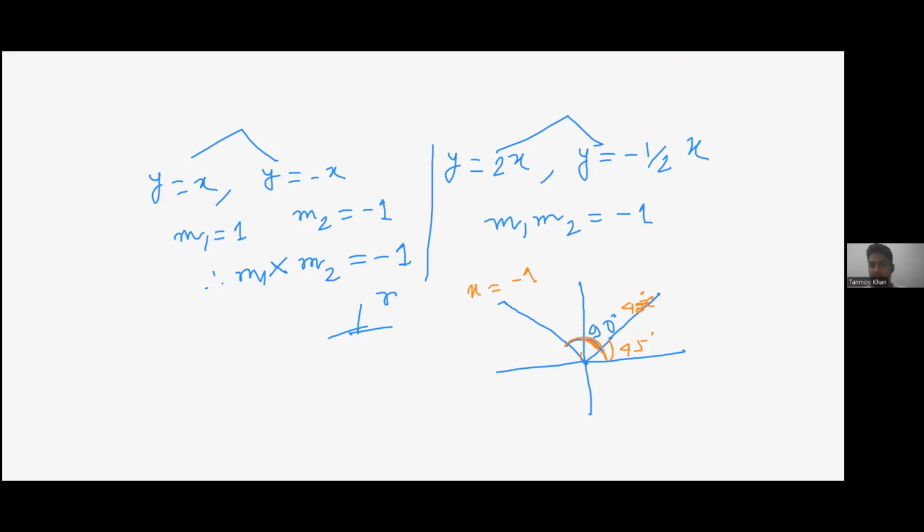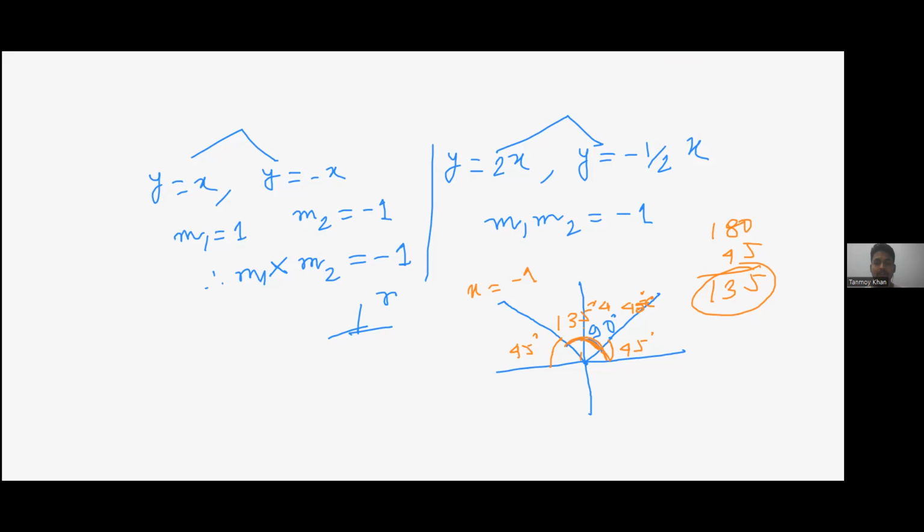That means now for y is equal to minus x, this angle will be how much? 180 minus 45. That means 180 minus 45 means how much? 135, right? So this one is 135 up to this. How much will this be? This will be again 45. So what will be this angle?